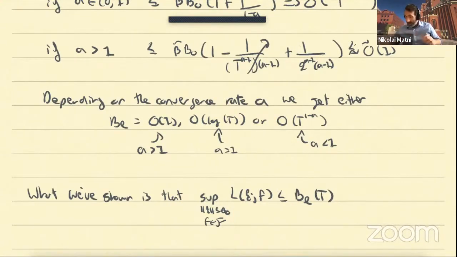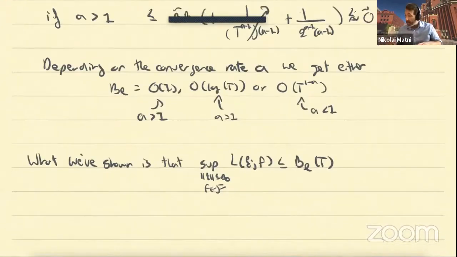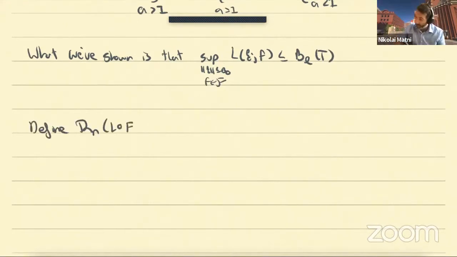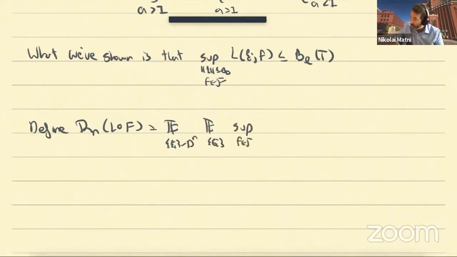Okay, so this is good in the sense that we're now in a position to apply the machinery that we've developed before. If I define the Rademacher complexity of L composed with F to be this expected value over my initial conditions and the expected value over Rademacher variables of the supremum over f in F of 1 over n times the sum i equals 1 to n of sigma i, then this complicated looking expression inside here, L of f of x of t of ci.